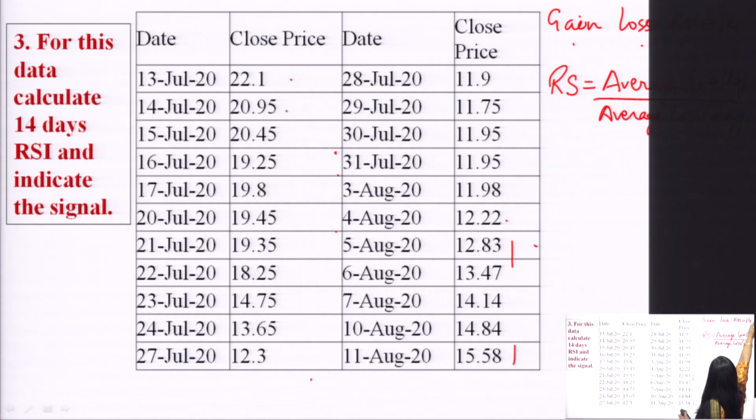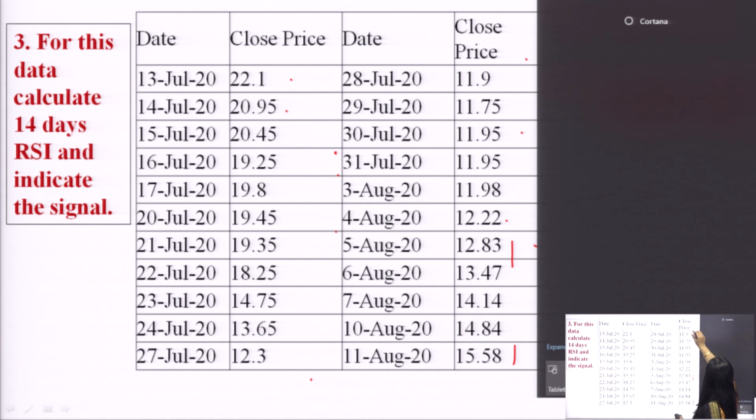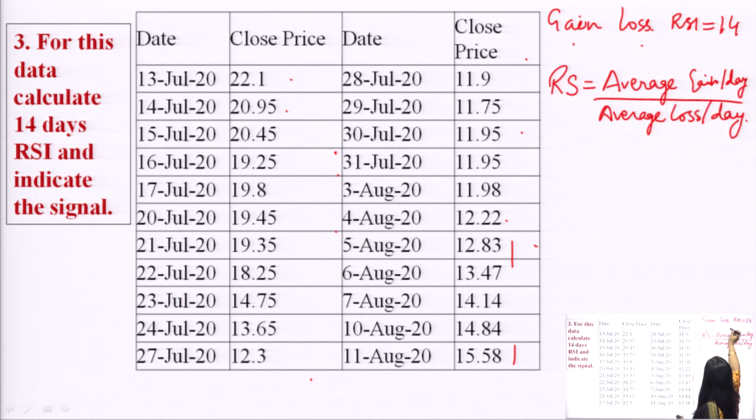So, we will take the sum of 14 days values, and then we will calculate average gain per day, average loss per day, and we get the relative strength, and then we put this in the formula 100 minus 100 upon 1 plus RS.